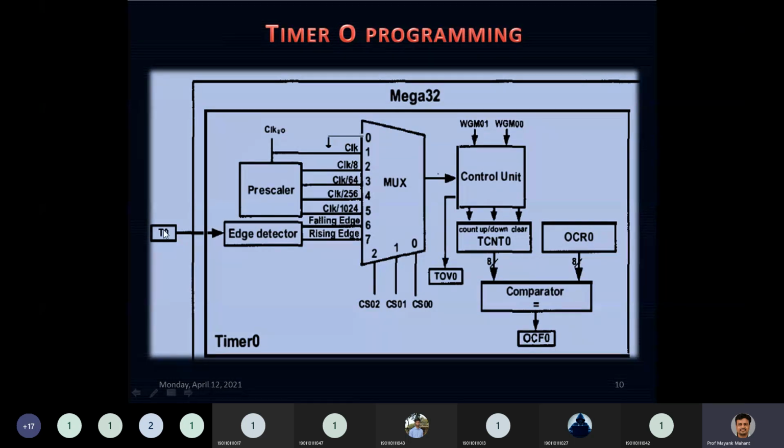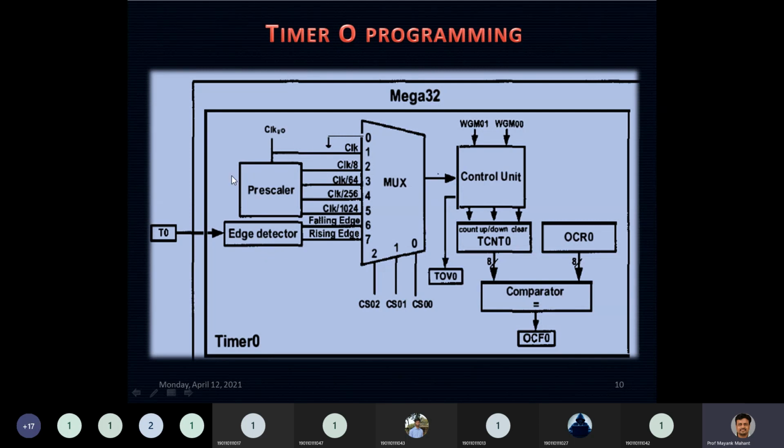T0 is used for providing the source of clock to timer 0. Whatever event occurs on this T0 pin is provided to the edge detector. It is in your hand whether you want to tick your timer at the rising edge or the falling edge of the event. For that we have an edge detector.